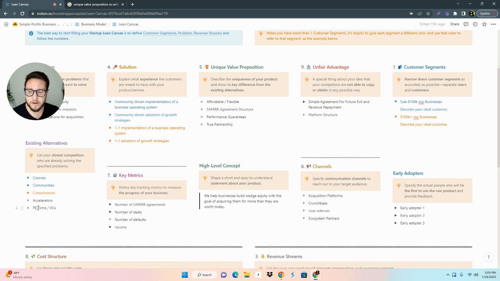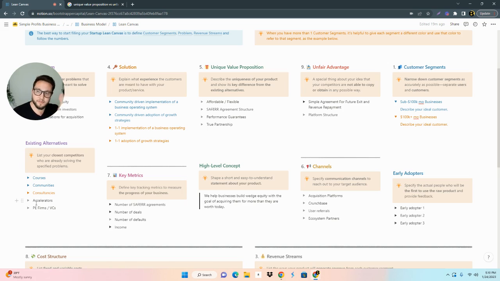Then you have accelerators and PE firms. These are the folks that play in our invest-and-buy game, but what they don't do is the advisory stuff, the service side of it, right? So consultancies just do services. They don't play in the capital structures.